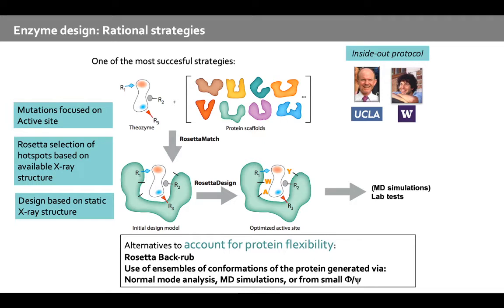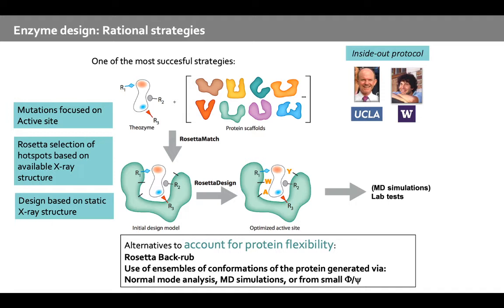And you do that, and this strategy is not that different from the read strategy, in the sense that usually you take the X-ray structure, you check where the active site is, and then you manually select which positions you want to mutate.